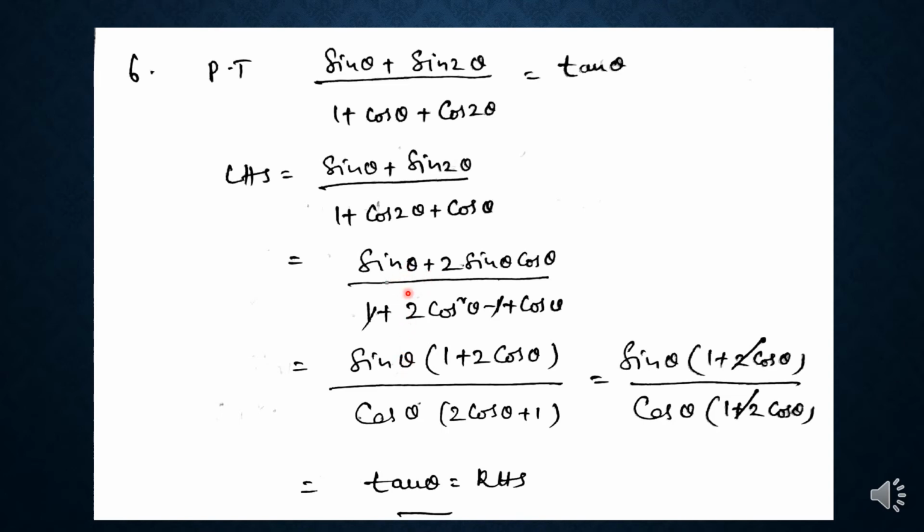Then it becomes sin theta into (1 plus 2 cos theta) divided by, in the denominator, cos theta is common in these two terms, so it is cos theta into (2 cos theta plus 1). So that is equal to sin theta into (1 plus 2 cos theta) by cos theta into (1 plus 2 cos theta). So here 1 plus 2 cos theta is common in the numerator and denominator. By the cancellation we will get sin theta by cos theta, which is equal to tan theta.